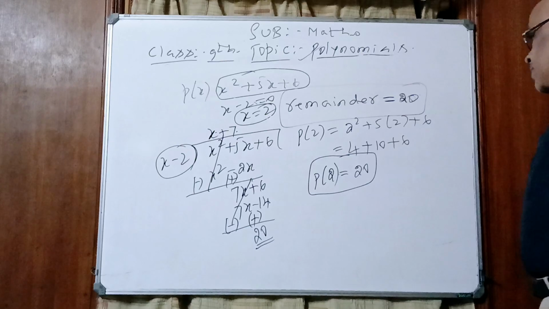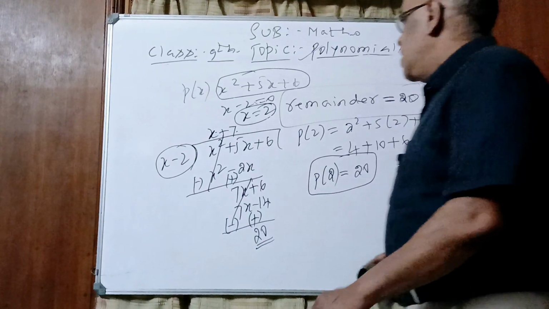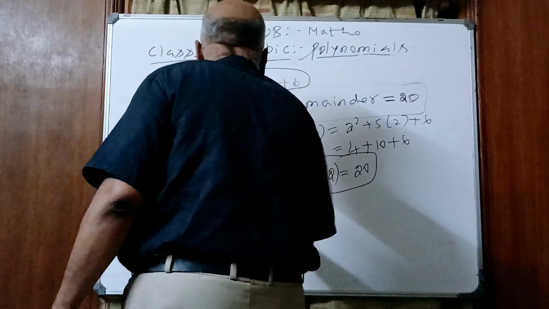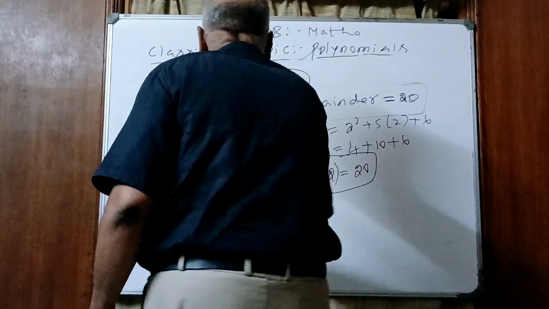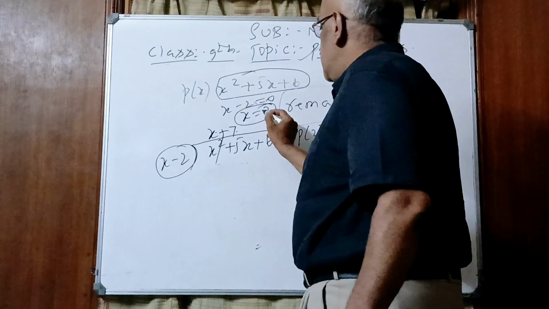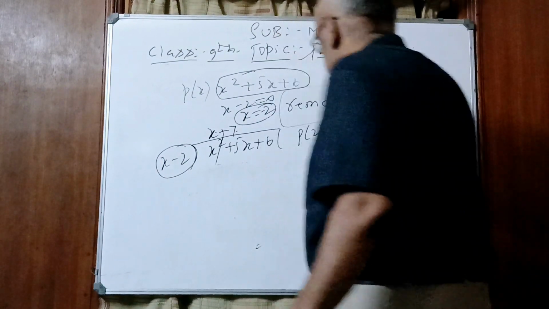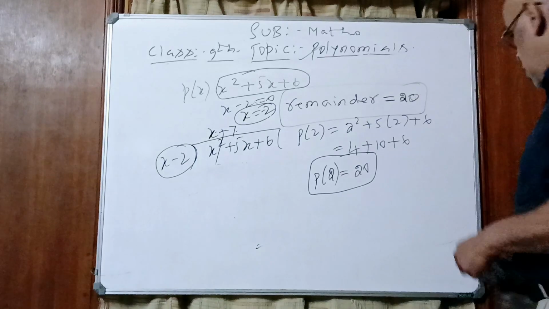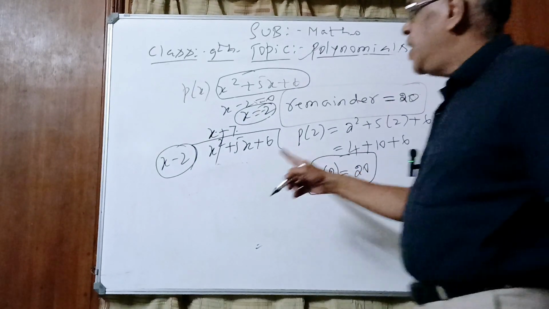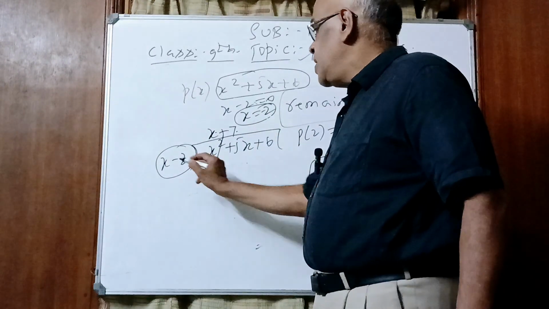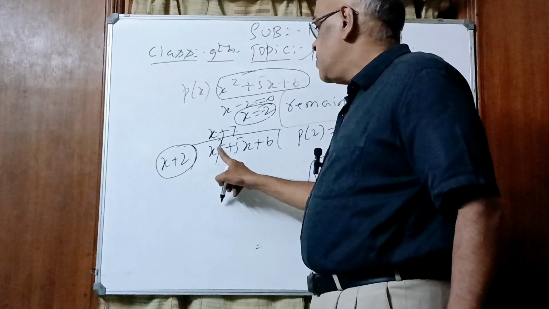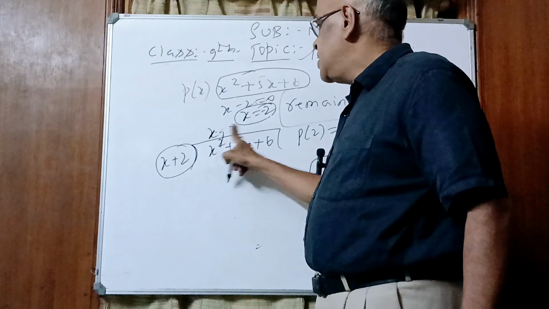Understood? Now suppose in the same polynomial, children, I take x is equal to minus 2. What do we get? Now x is equal to minus 2, so x plus 2 becomes the factor. Check it, children.